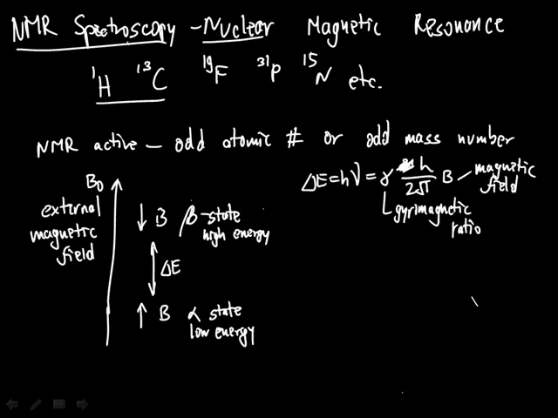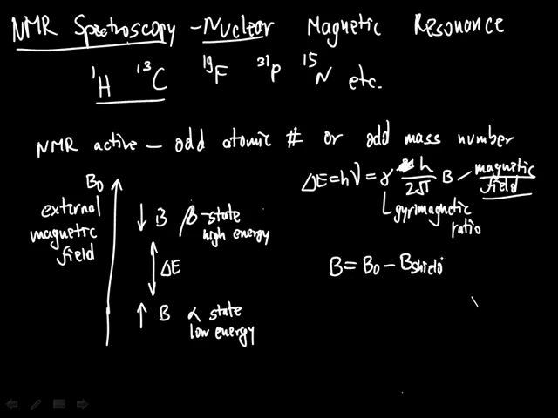And that would be fine, except it would not allow us to distinguish between different nuclei of the same kind. Fortunately, this magnetic field is not equal only to the external magnetic field, but is influenced by the electronic surroundings of a nucleus. So in other words, this effective magnetic field B equals B0 minus B shielding.